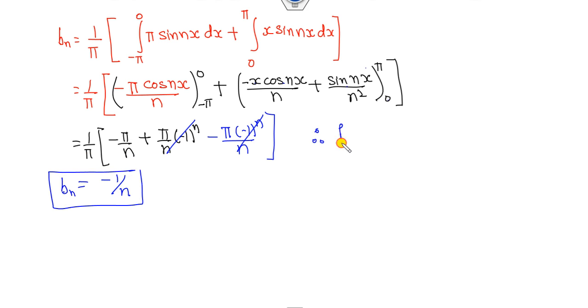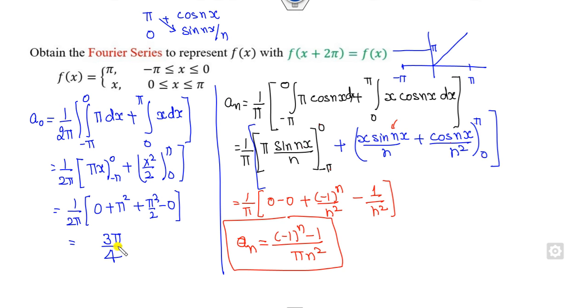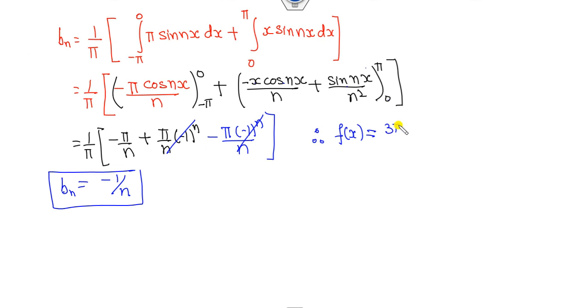So therefore your Fourier series will be a0. What is my a0? 3 pi over 4, plus summation of an.